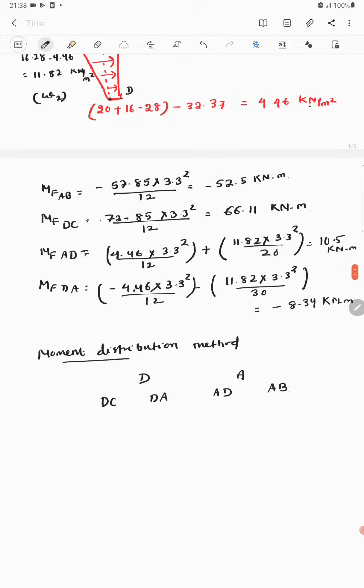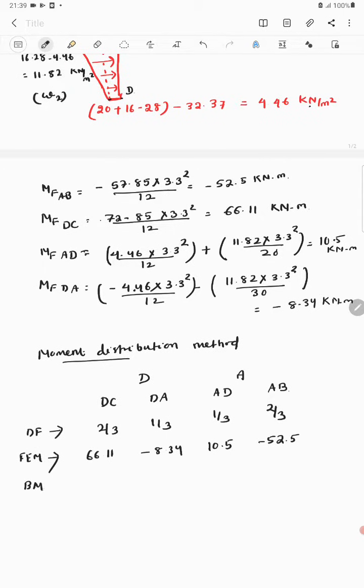So what is the distribution factor? We have already calculated it in the previous video. For DC, this is 2 by 3, this is 1 by 3, this is 1 by 3, this is 2 by 3. The fixed end moments we have calculated: for DC 66.11 kilonewton meter, DA minus 8.34 kilonewton meter. For AD, this is 10.5 and this is minus 52.5.